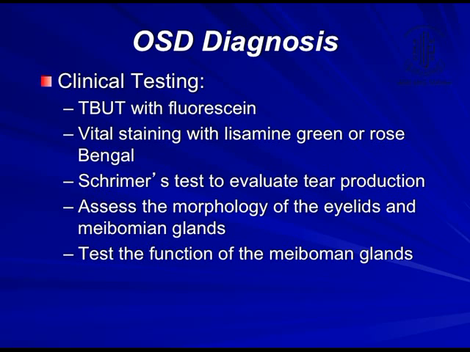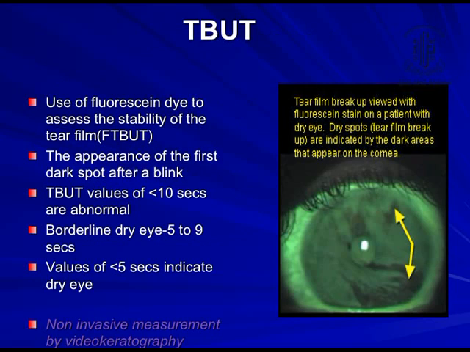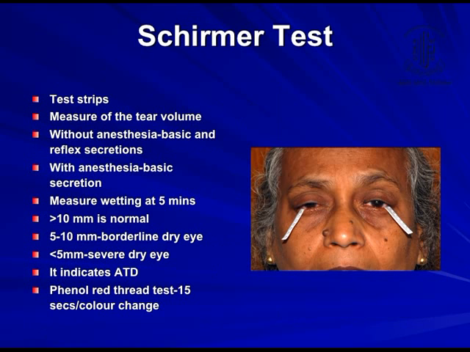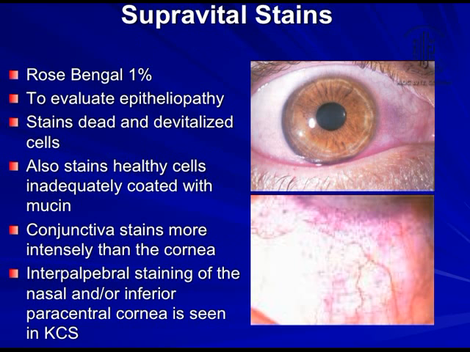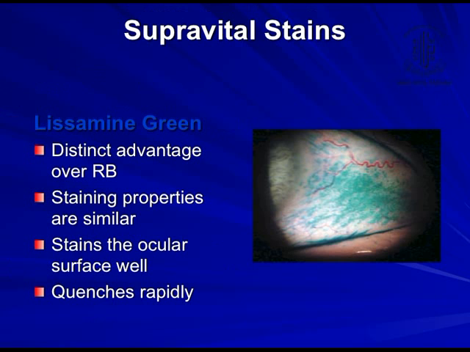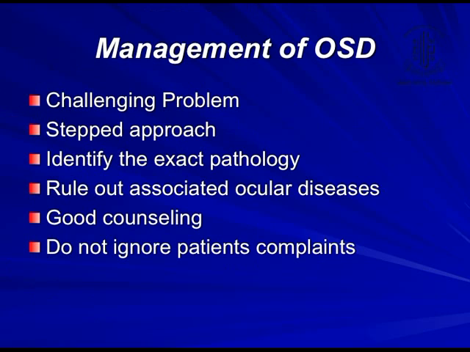A commonly done test is the Schirmer's test, just to evaluate tear production, and we also have to assess the morphology of the eyelids and meibomian glands, as this may contribute to or exacerbate the ocular surface disease in patients on long-term glaucoma treatment. And of course there is the supravital rose bengal stain. All these are some of the commonly done tests.